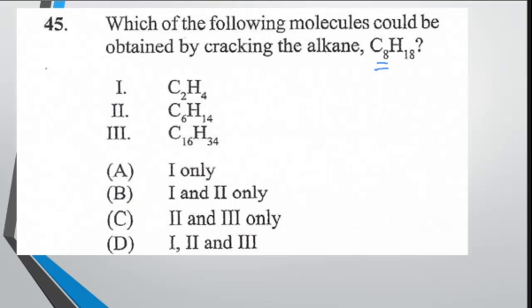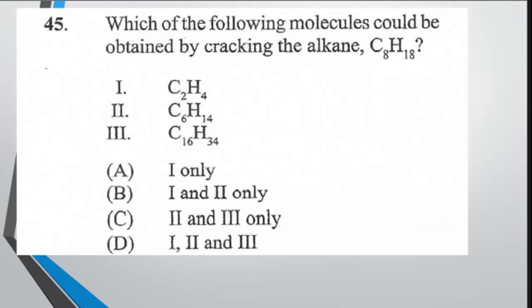If we have something like C12, not possible. Something like C14, not possible. Something like C16, not possible. Because that means we are taking one carbon and producing something that is greater than it, which is not possible. So what is produced is an alkene plus a smaller alkane.